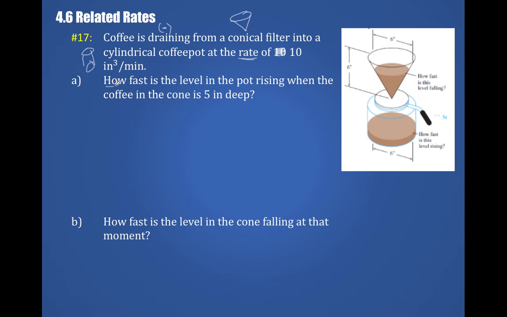So the first problem, how fast? So I'm doing related rates. How fast is the level in the pot? Now wait a second, I have two shapes. So is the pot the cylinder or the cone? I think it's the cone.